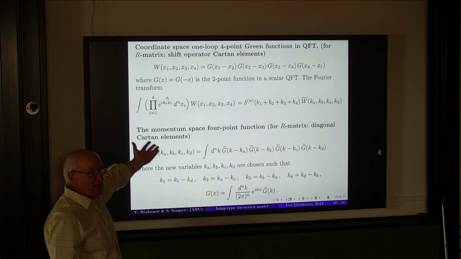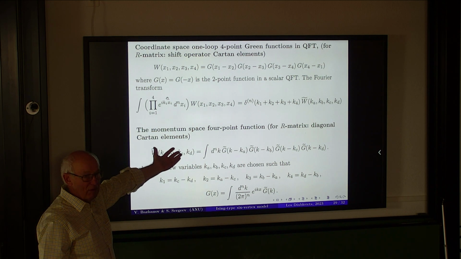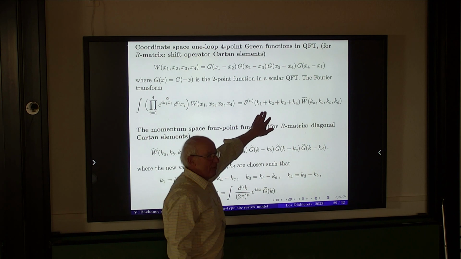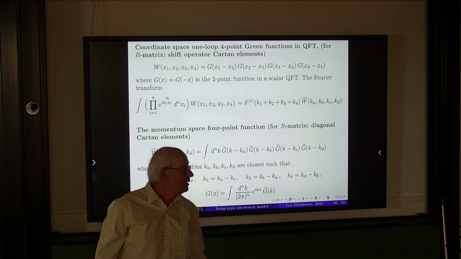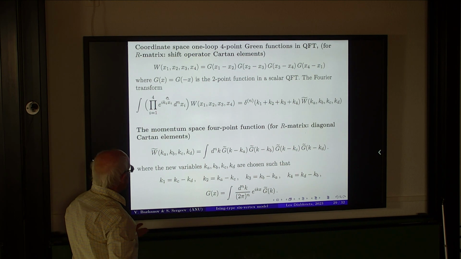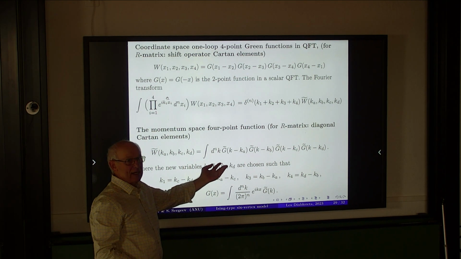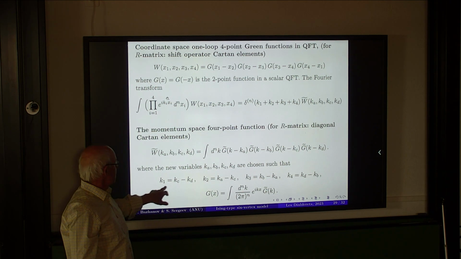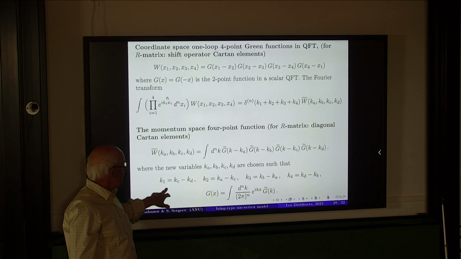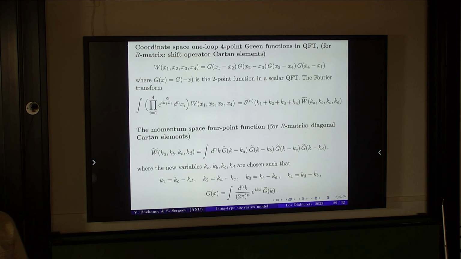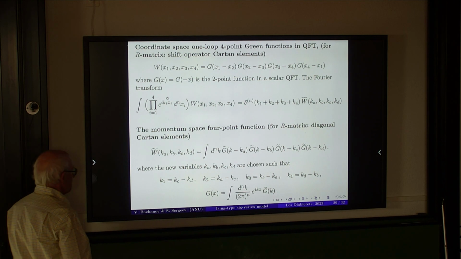Now make the Fourier transformation of this box. So we have a delta function of the conservation law, and the Fourier transformed quantity is exactly a star diagram if we introduce the momenta given by these differences. So it's a trivial calculation.